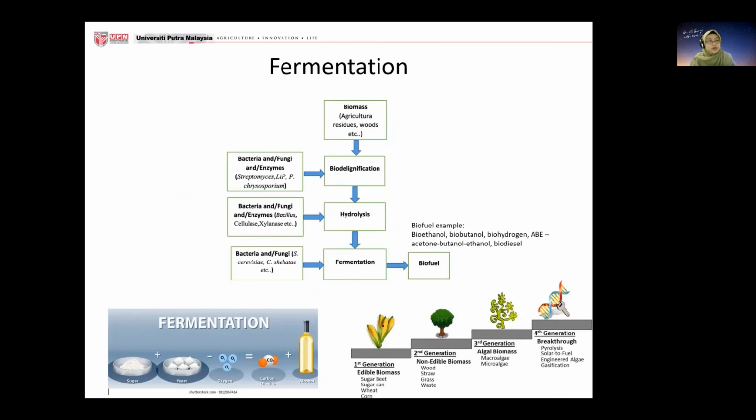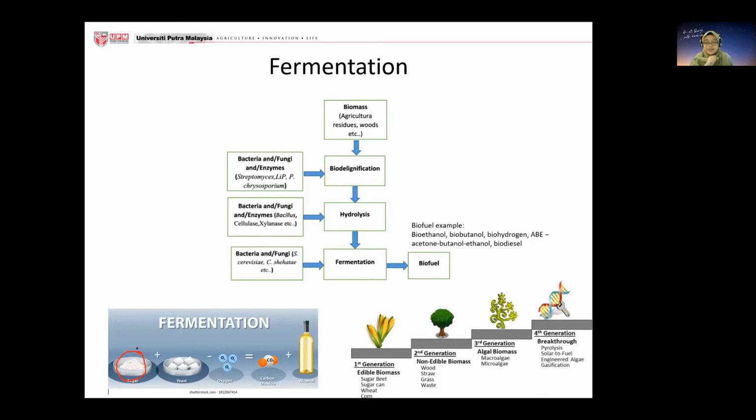You also can go through the route of fermentation. And in fermentation, if you look at the simple process of fermentation, it actually involves some type of sugar, and then you have your microbe.